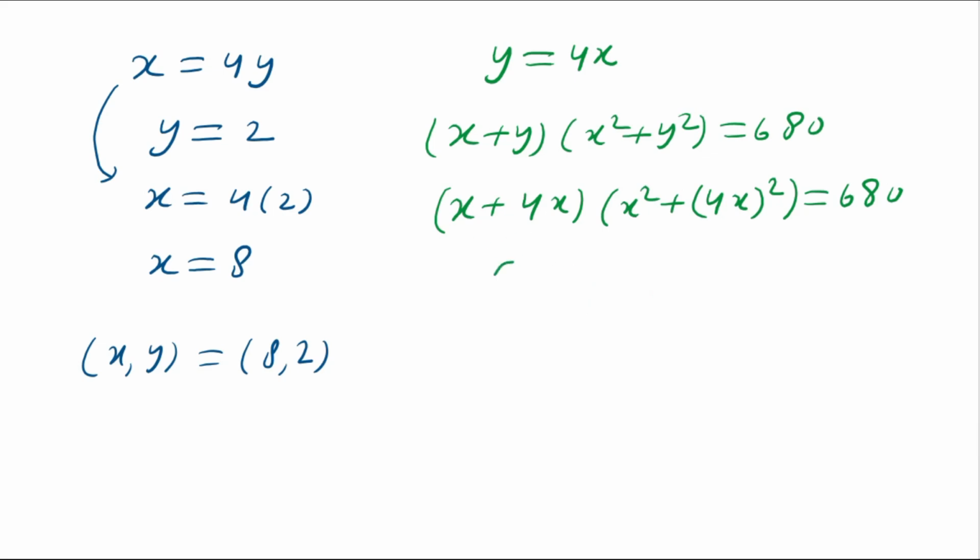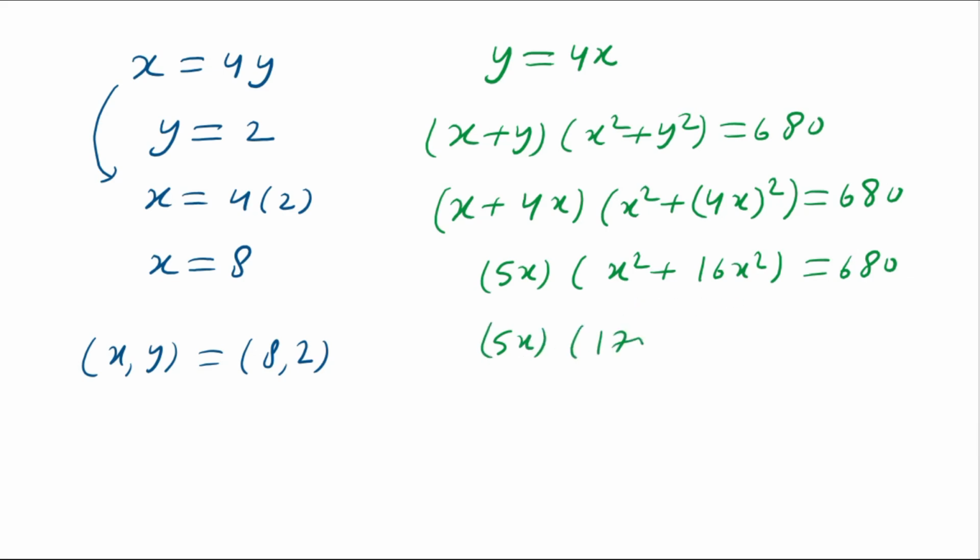Then x plus 4x is 5x, multiplied by x square plus (4x) whole square is 16x square, and this is equal to 680. Then 5x is multiplied by x square plus 16x square is 17x square. Now 5 multiplied by 17, you will get 85, and x times x square is x power 3, this is equal to 680.